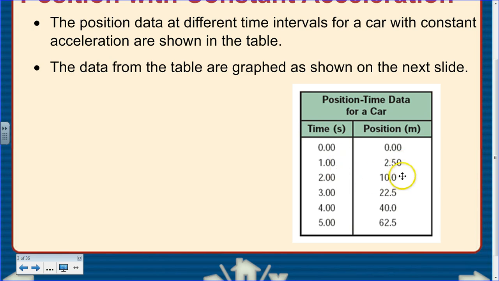The second second it changes by 7.5 meters to get it up to 10, which is quite a bit. The third second, it's changing by 12 meters. So we could see 2.5, 7.5, 12, about 18 meters. In other words, it's getting larger and larger as we're going on. Obviously, we're having some kind of acceleration going on here.